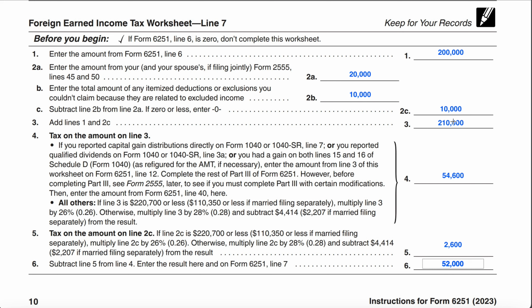Once you've done that, you would further reduce the amount for line 20 of your AMT qualified dividends and capital gain tax worksheet, or line 6 of your AMT Schedule D tax worksheet, by any AMT capital gain excess that was not previously used.